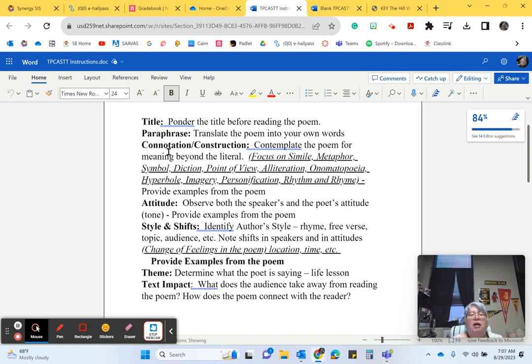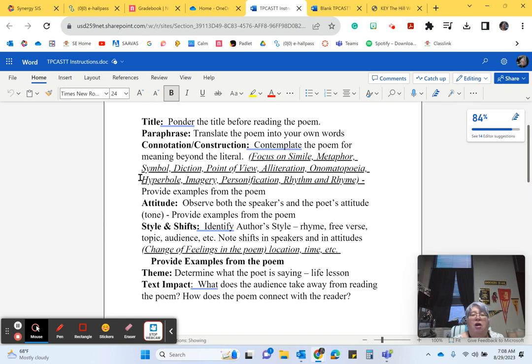Then connotation and construction. This is where most of the work gets done. So you're going to go back through the poem, and you're going to look for the meaning beyond the literal. So you're going to focus on the use of figurative language. What is a simile that is used? What's a metaphor? How does the poem use symbolism, diction, point of view, alliteration, onomatopoeia?